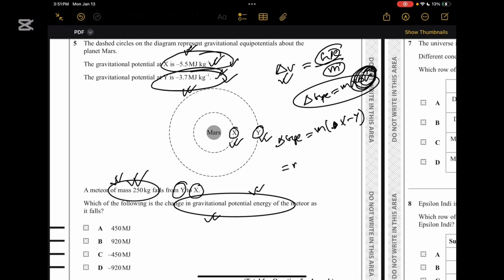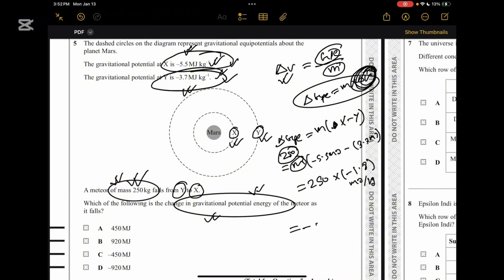So here m into minus 5.5 mJ per kg minus 3.7 mJ per kg. We can write it like this, and this mass will be 250, so it will become 250 into minus 1.8 milli per kg.